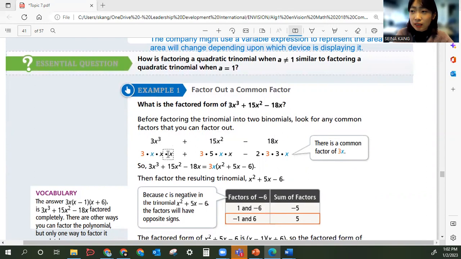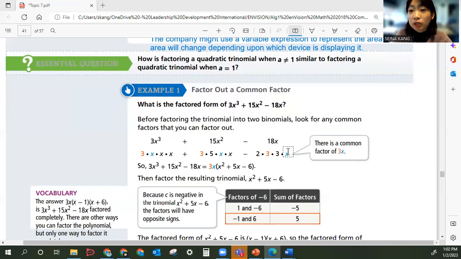So if you look at the terms and break it down, 3x cubed is actually 3 times x times x times x, right? 15x squared is just 3 times 5, so this is the prime factorization, times x times x. 18x is 2 times 3 times 3 times x, okay?